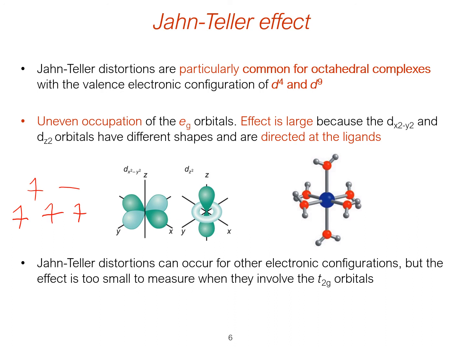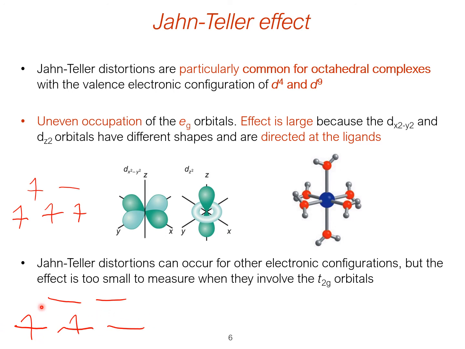Another example is that even with octahedral complexes, it's possible with other d configurations. So if we look at d1 or d2, they will again have either 1 or 2 electrons in the t2g orbitals. But you can imagine it could either be these two or this one and this one. It's a degenerate ground state again.